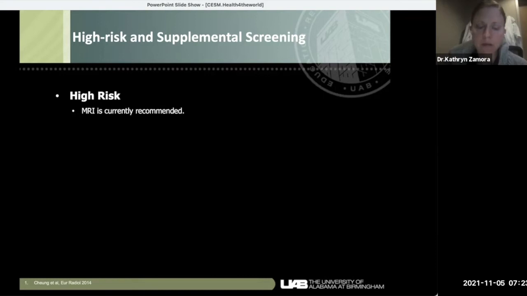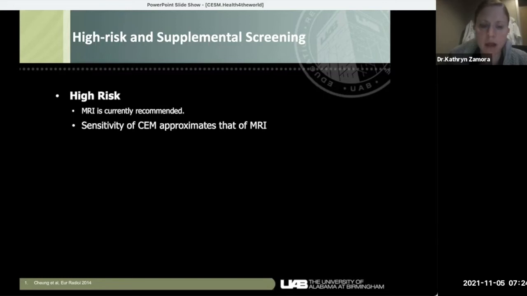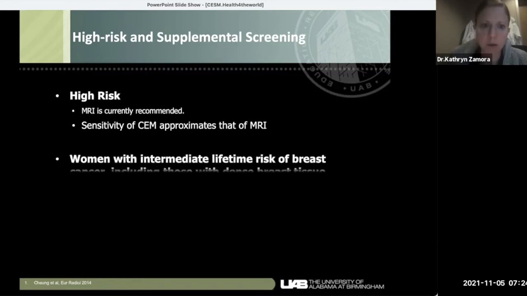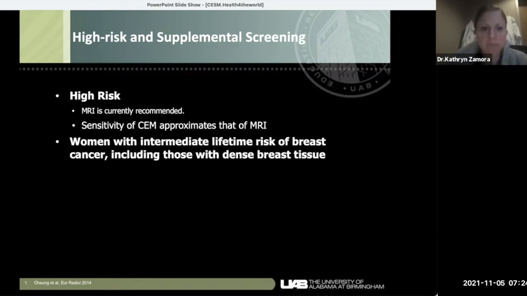But as we have shown here, contrast enhanced mammography does demonstrate similar sensitivity. So it should be and may be considered as a supplemental screening tool in the future. Currently, our patients that do not have the ability to undergo MRI for certain reasons do get contrast enhanced mammography in replacement of that.